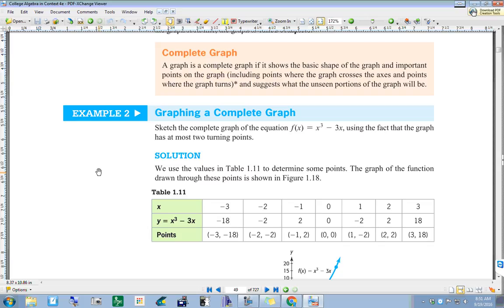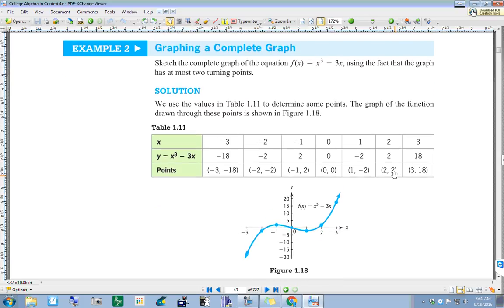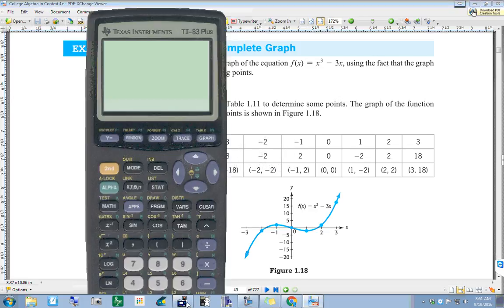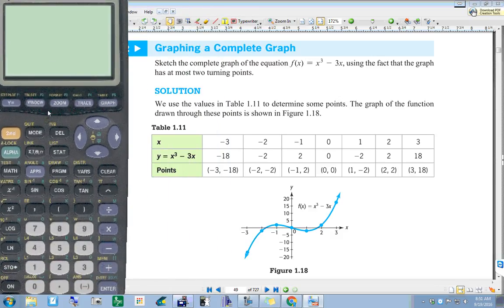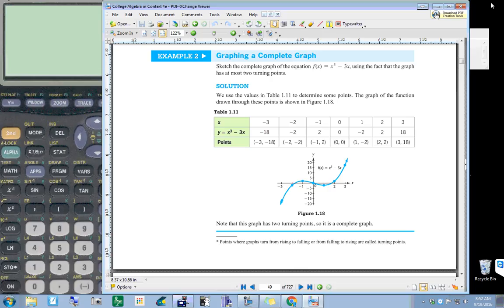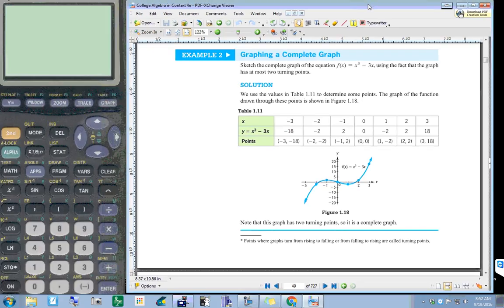So what I want to do is take a look at this. If you've got your graphing calculator handy, I want to put this information in here so that I can go through and use it, and come up with some kind of a graph for it and see what's going on with it.